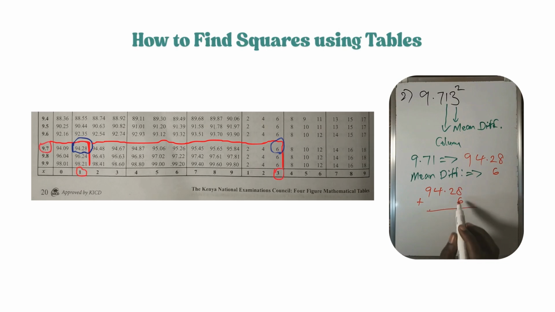Always remember to place the mean difference at the last digits of the value, because this mean difference is the same as 0.06. So when you add here, 8 plus 6 is 14. Carry 1, that will be 2 plus 1 will be 3. So our answer will be 94.34.